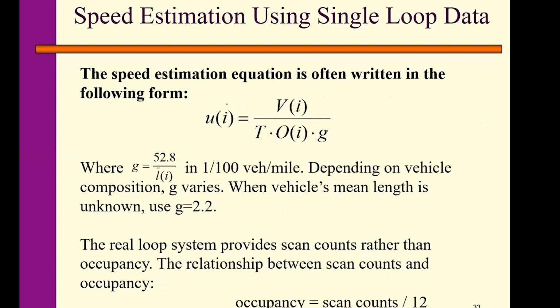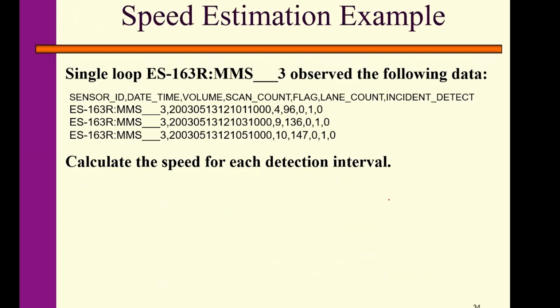Eventually we can estimate the speed. The desirable performance measurement cannot be produced by a single loop detector, but based on a certain relationship, we can get rough estimations. And this is how the loop sensor data looks. You have sensor station ID, time stamp, volume, and occupancy.